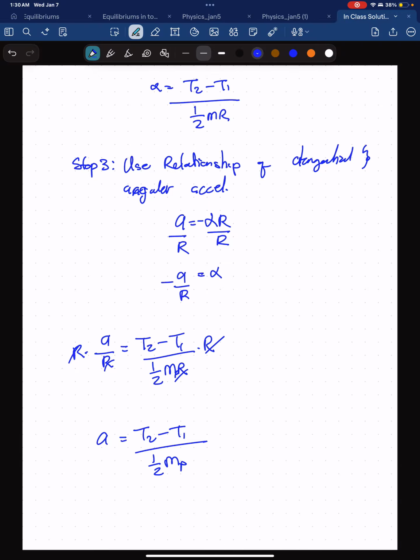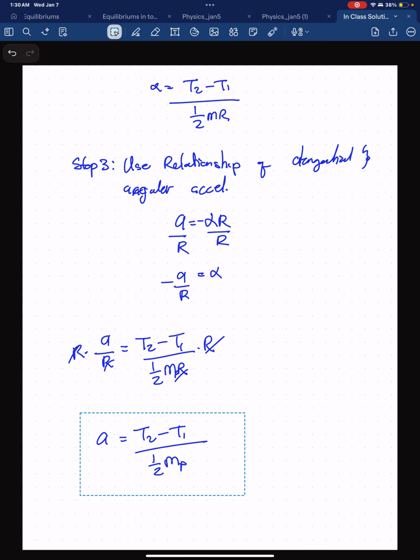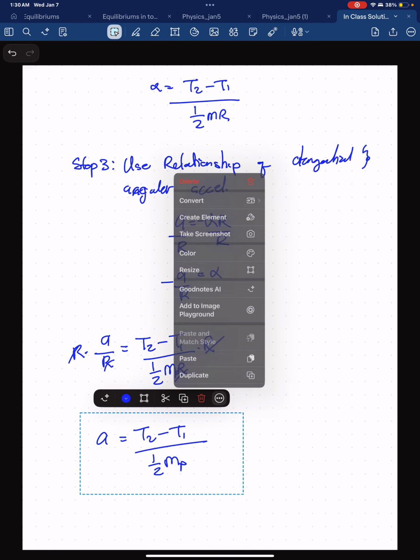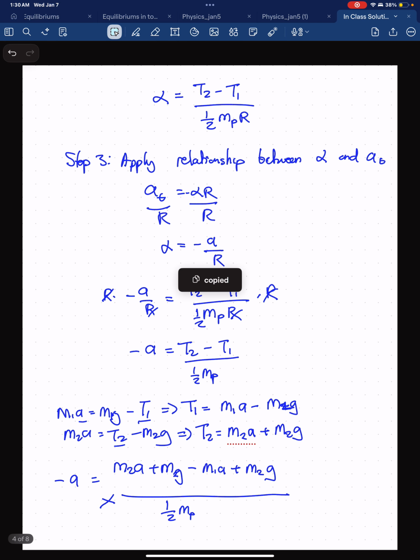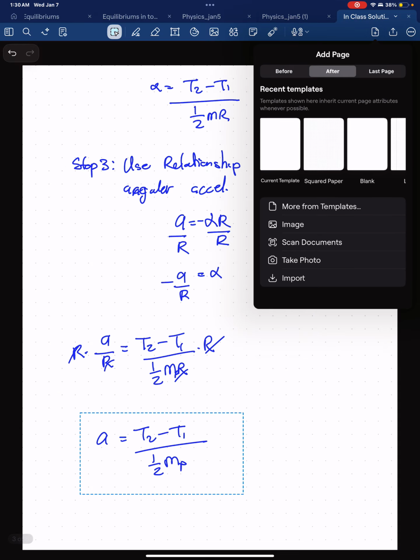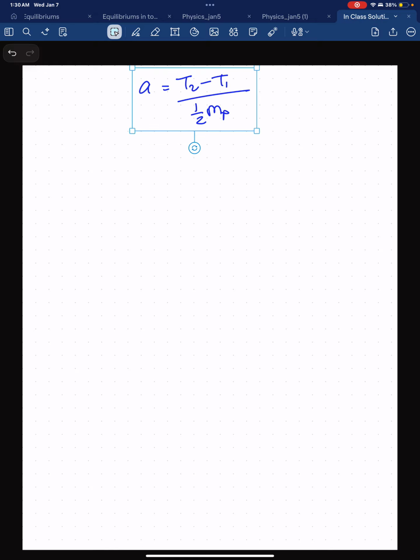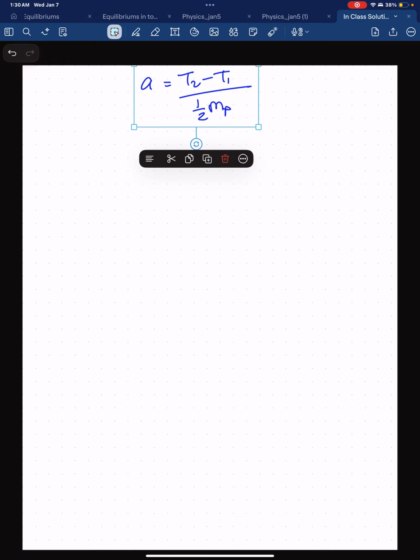Now from here, what we do is we need to plug in our T2 and T1 that we solved for earlier. This is the penultimate step. I'll just copy and paste. I solved this a little bit earlier, just scribbled a little bit.